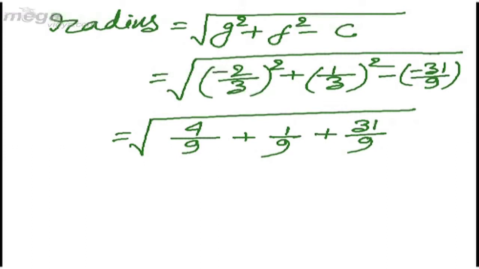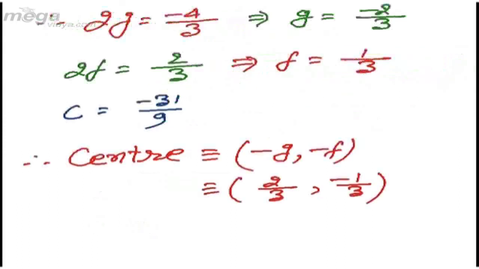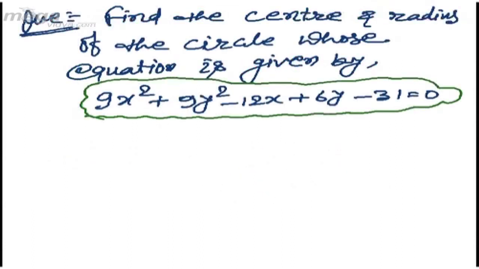So now it becomes 31 plus 1 plus 4, that is 36 upon 9, which is 4. The square root of 4 is 2. So the radius is 2. The center is 2 by 3 comma minus 1 by 3, and hence we get the solution of this question, that find the radius and the center.